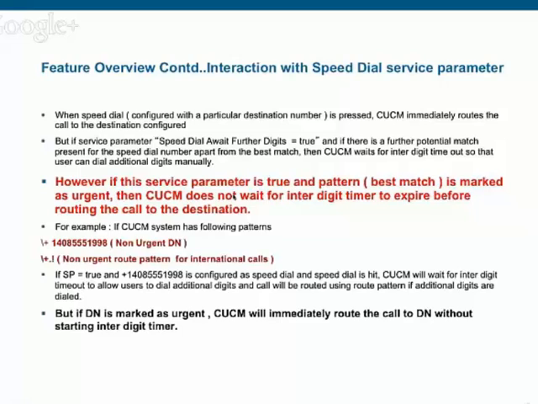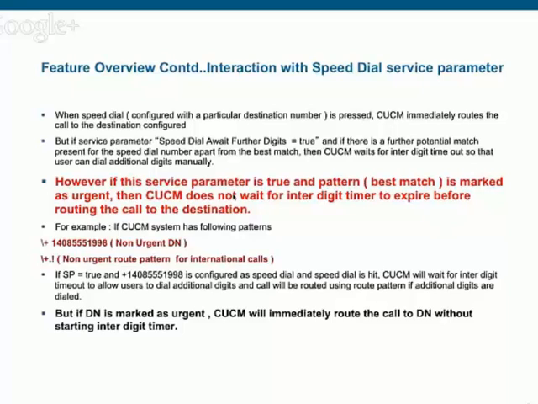So how does it impact? Let's say you enter your speed dial. Like I said, if the service parameter is true and the pattern that's marked urgent is matched, CUCM does not wait for the timer to expire.